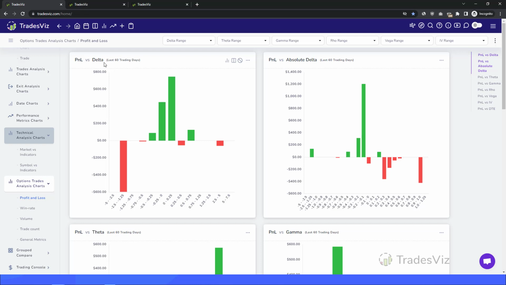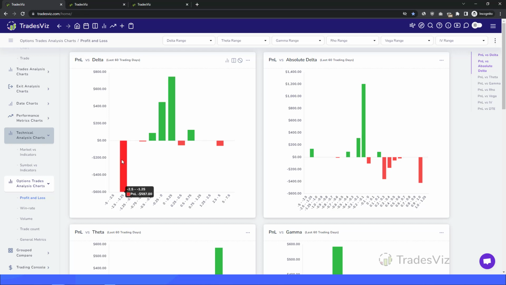So if it's a sell option, and let's say the delta of the option is 0.5, it's going to be minus 0.5. If it's a buy option, it's going to be 0.5, or vice versa, depending on the strategy that you trade. So we are looking at the delta of the trade and not the delta of a single execution.